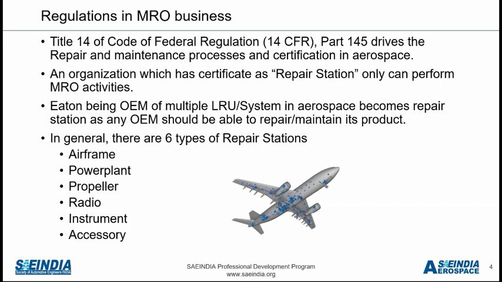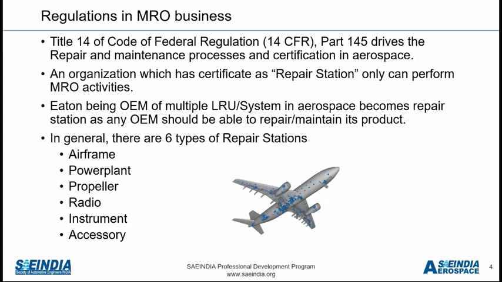And as I said, Eaton being an OEM for multiple LRU systems in aerospace, we also get an automatic license for being a repair station. But in general, there are different types of repair stations based on the segment of the systems within an aircraft.